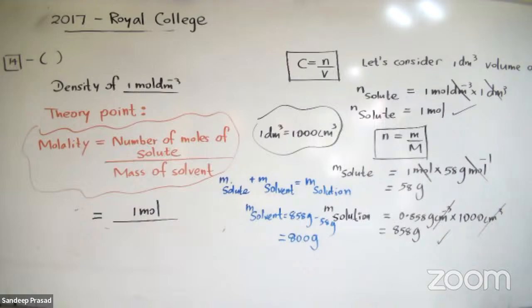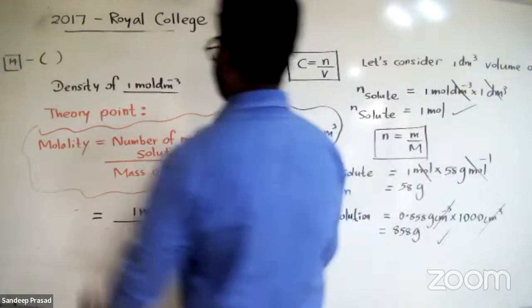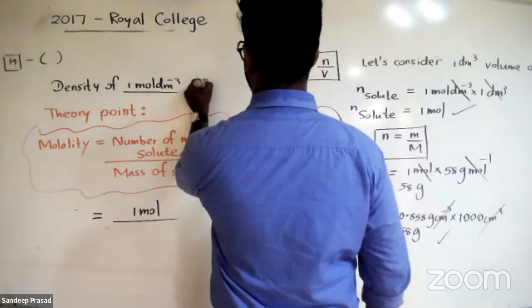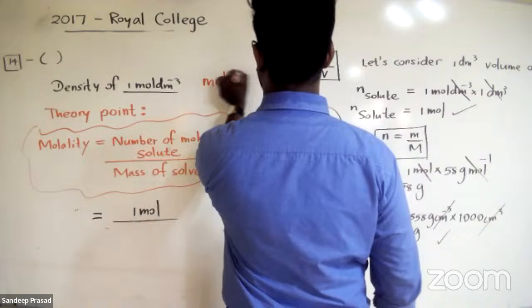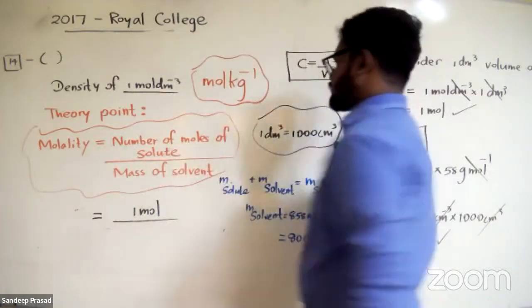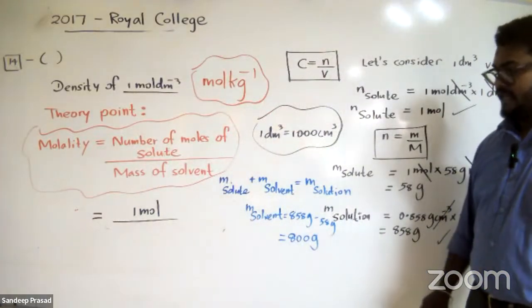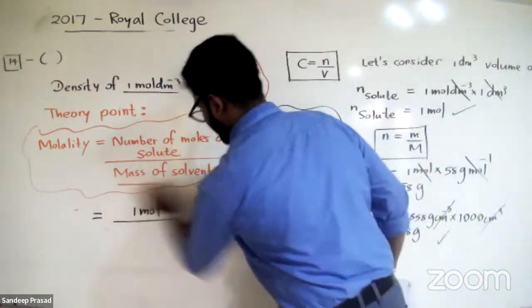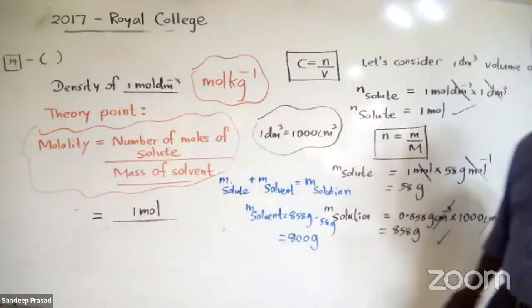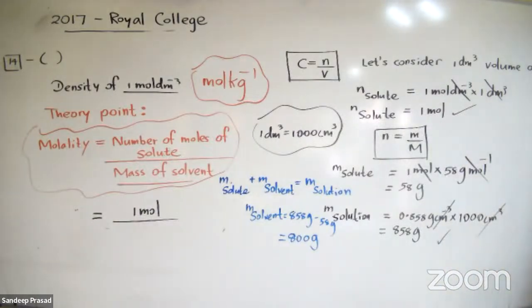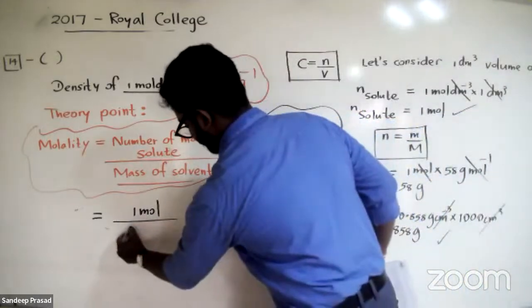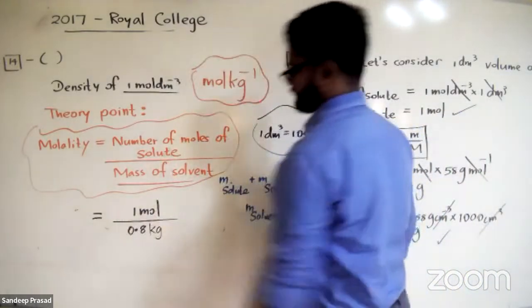Okay. And the next thing, remember students, what is the unit of molality? Moles per kilogram. That means we always have to take the mass of solvent in kilograms. Then how do you write 800 grams in kilograms? 0.8 kilograms.